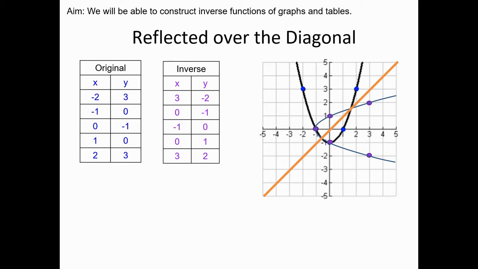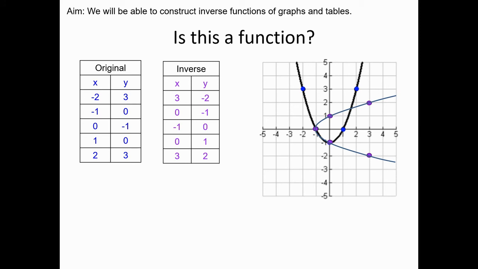But real quick question, guys. Do you think that the inverse of the original function is itself a function? Isn't there a really easy way to tell visually if something is a function or not? Remember the vertical line test?